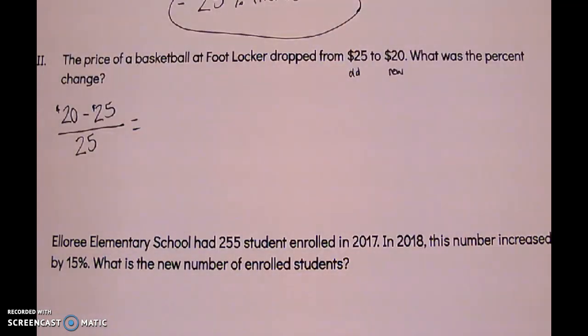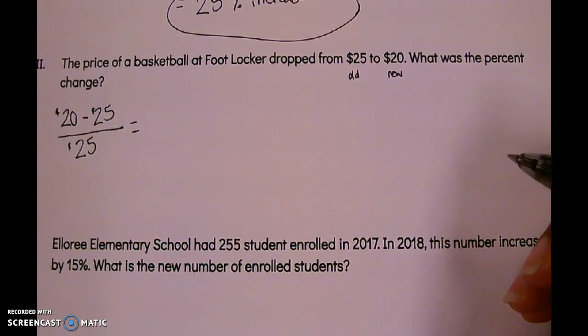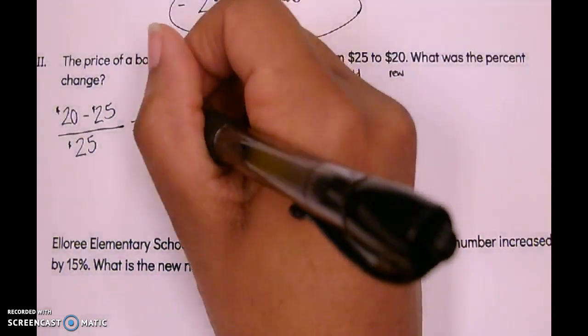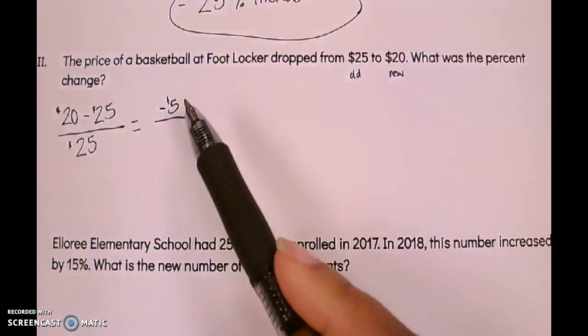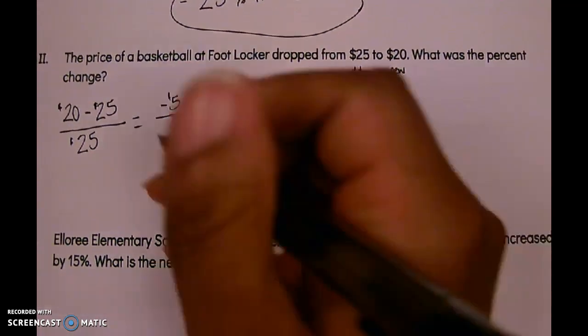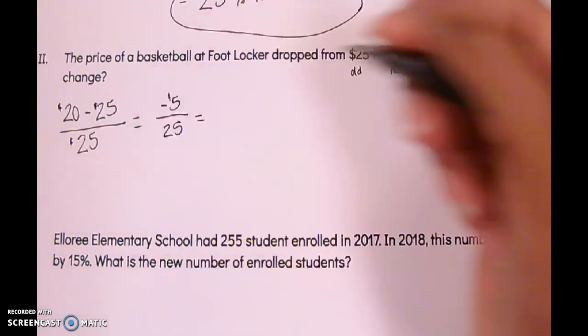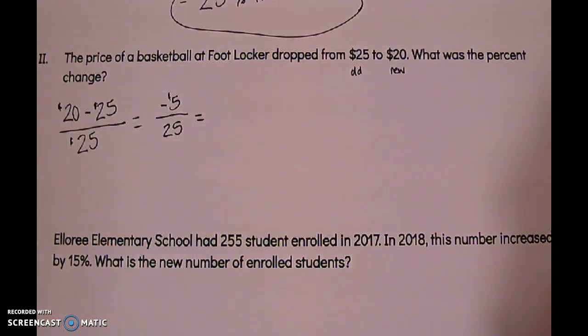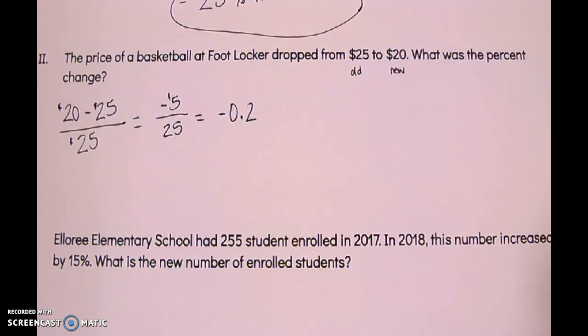When I plug this into my equation, I'm going to end up with $20 minus $25 divided by $25. Now, when I solve that out, 20 minus 25 is going to be negative $5. I'm going to tell you what to do with that negative in a moment, but we would have negative $5 over 25. And when I actually divide negative 5 divided by 25, that's going to give me negative 0.2.